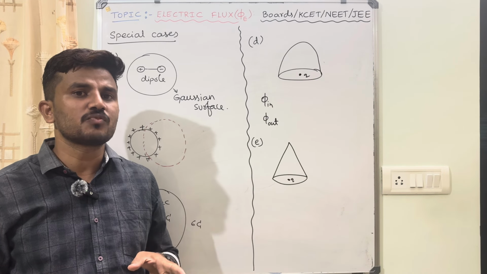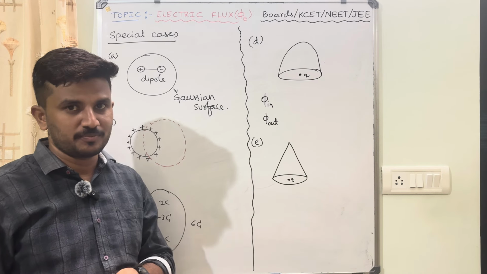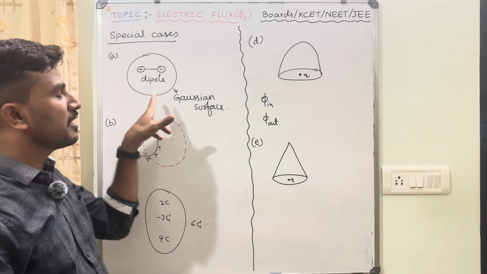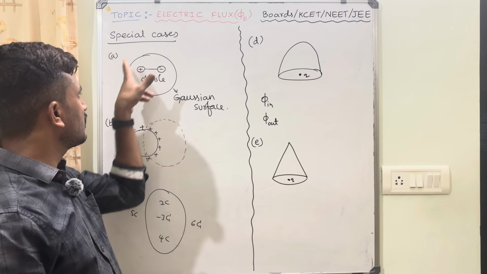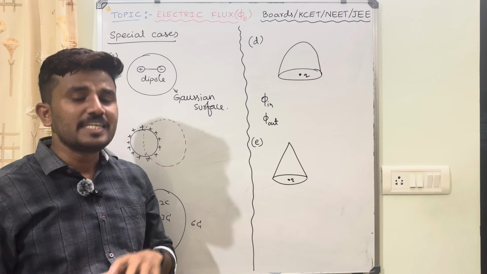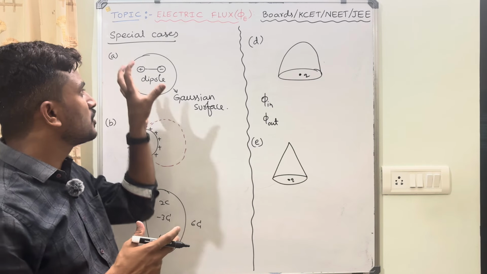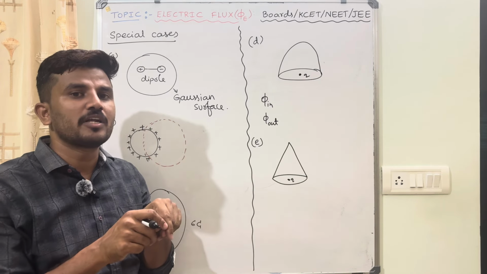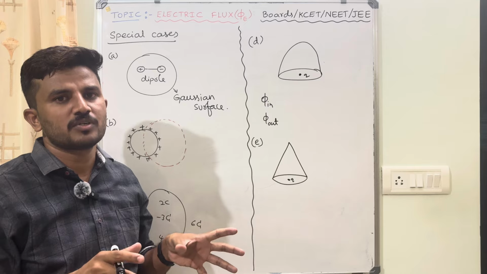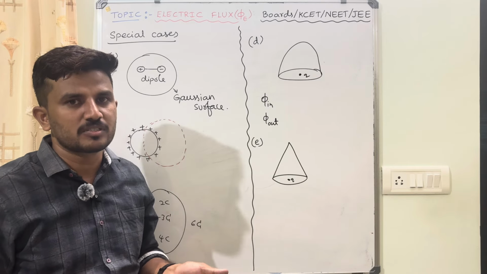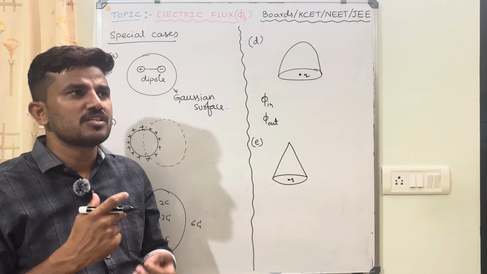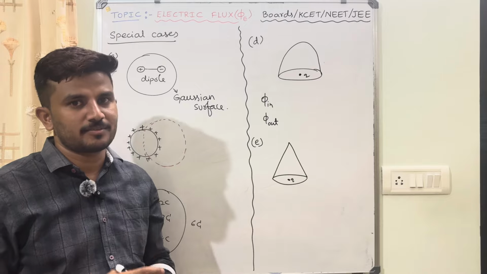This is just the shape of the Gaussian surface. It can be of any shape. It need not be spherical. It can be cuboidal, cubical also, or a cylindrical surface. It's up to you which kind of shape you consider.